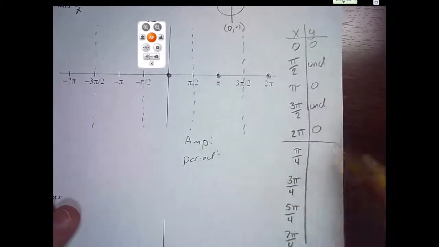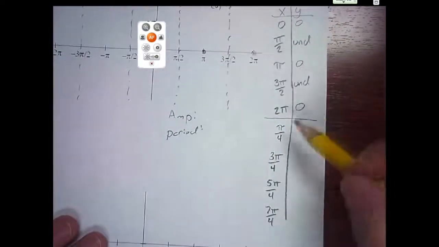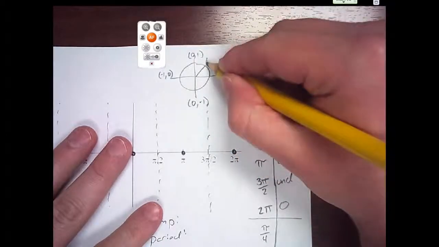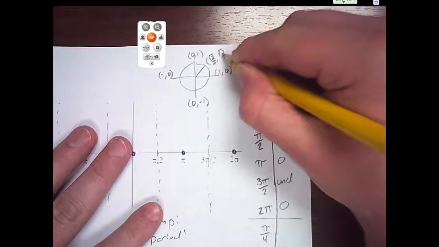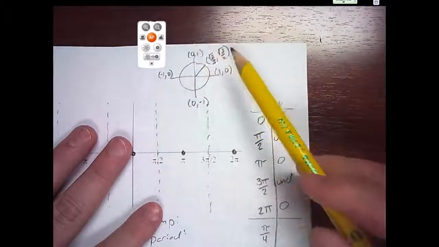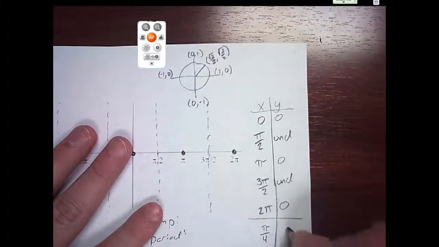Alright, let's separate those a little bit. Now at pi over 4, which is right here, your point's going to be square root of 2 over 2 and square root of 2 over 2. Remember, tangent is y over x, so anything divided by itself is 1.